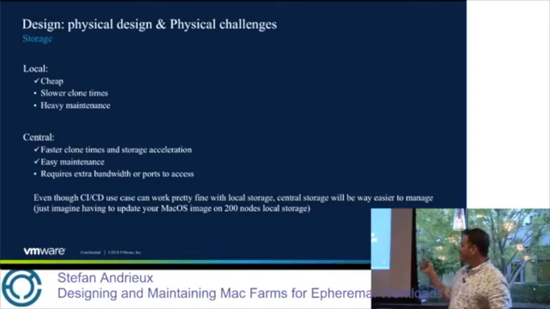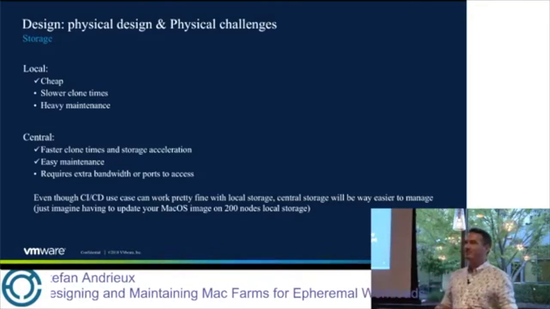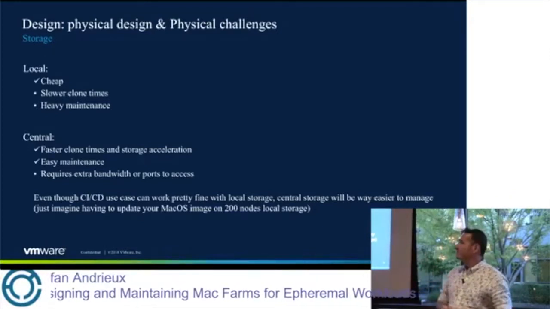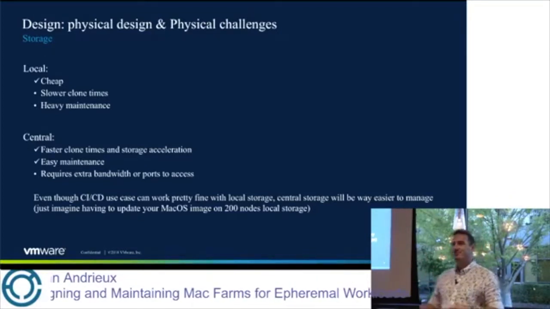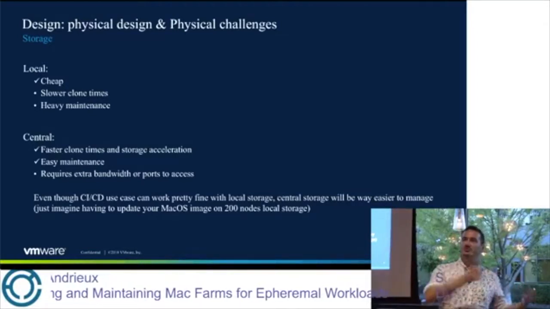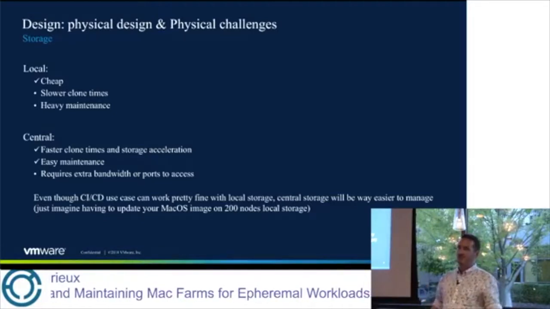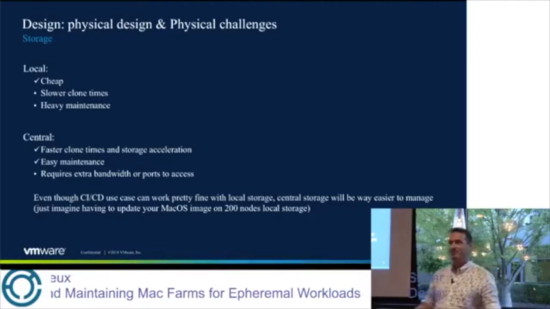The drawback, and this is really Mac specific, is you may need extra ports for that. Configuring extra storage may require Fibre Channel adapters or network adapters that are different from the ones you're going to find in the basic Apple compute, if we can call it this way.